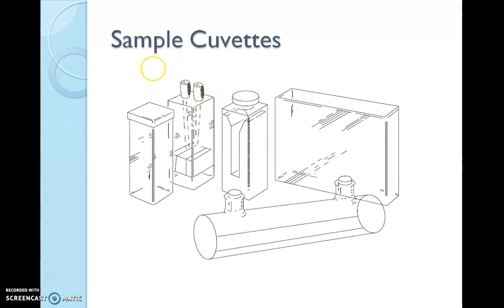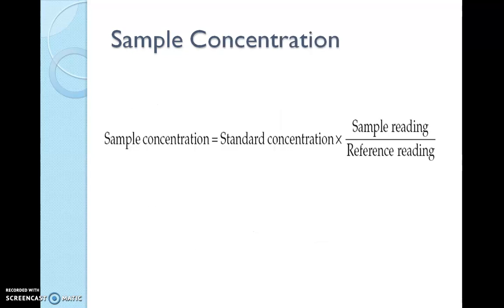So this is the diagram of sample cuvettes. So in these cuvettes we load the solutions with different concentrations and it is placed in the calorimeter setup, and then this is the basic formula to find the sample concentration in calorimetric method.